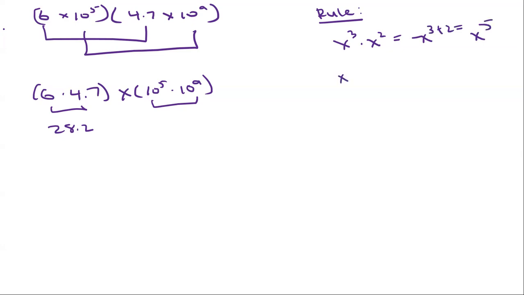So the rule is x to the a times x to the b is x raised to the a plus b. It is the same with this one. We have 10 to the fifth times 10 to the ninth. So when we add the powers, 5 plus 9, it gives us 10 to the 14th power.